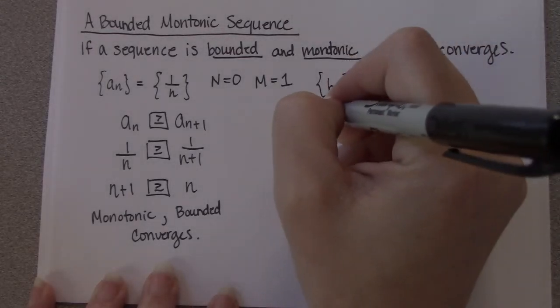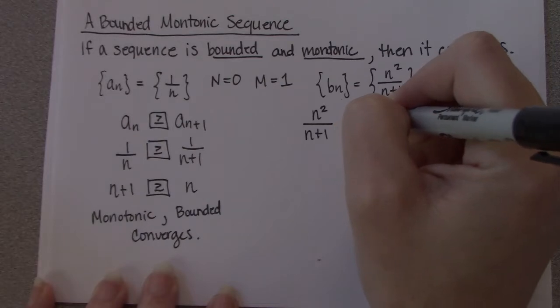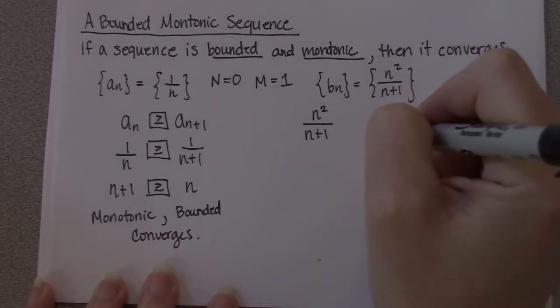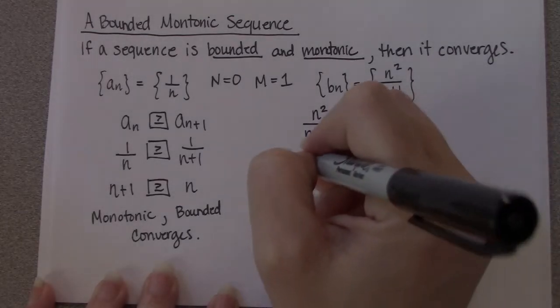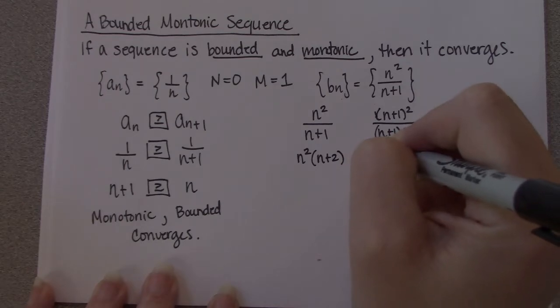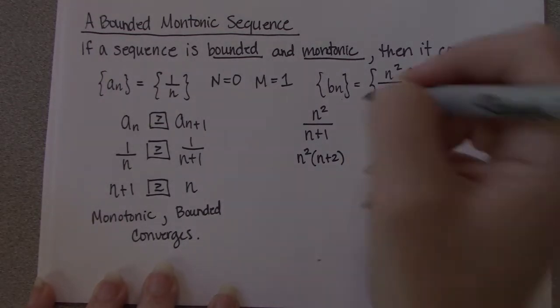So we can check that it's monotonic, right, by comparing the nth term to the nth plus 1 term. Once again, I'm going to cross multiply my terms. So I've got n squared times n plus 2, and I'm going to compare that to n plus 1 cubed.